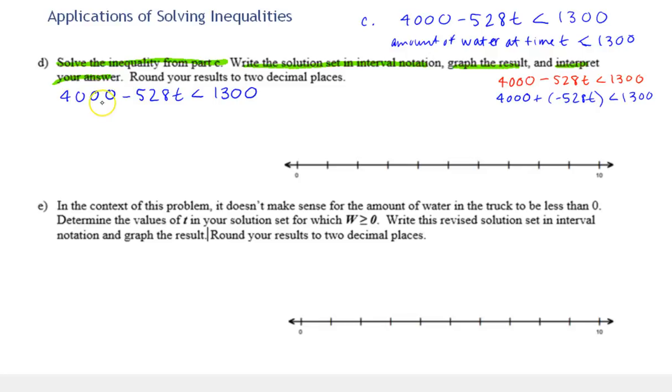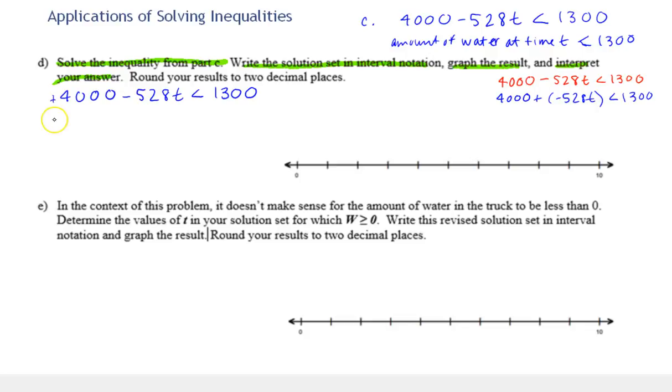So the first thing we want to do is subtract 4,000. That would be our last step in constructing this left-hand side in terms of t. Notice 4,000 and 528t are connected by subtraction, and we don't write it, but this is really a positive 4,000.